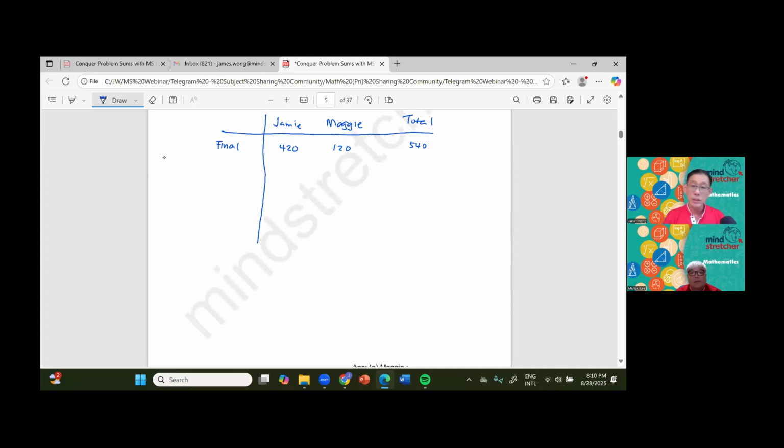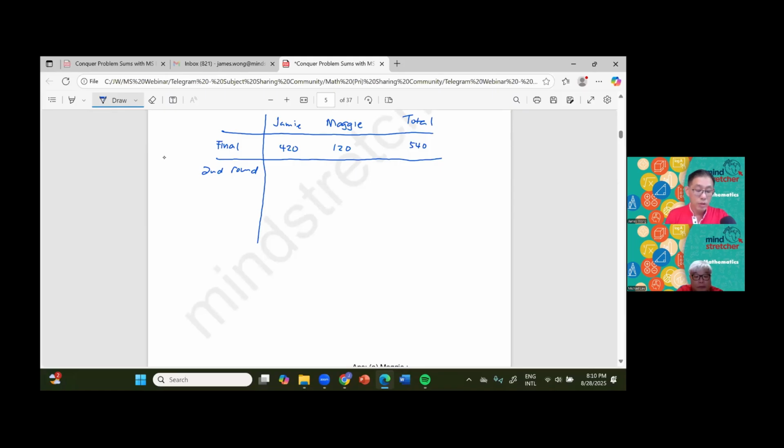Before the final round is the second round, right? So I'm going to write down the second round. So this is my second round. I'm going to reverse back, go backward. Maggie had to give 3/4 of her marble.